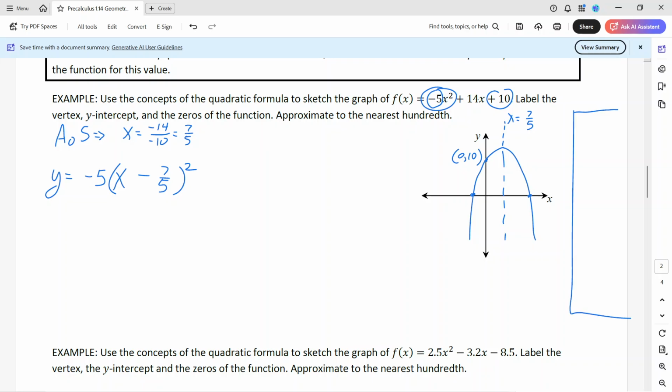So I'm going to say first term squared, x squared, times negative 5. Twice the product: I'm going to take x times negative 7/5 and double it, and that's going to become negative 14/5 x.